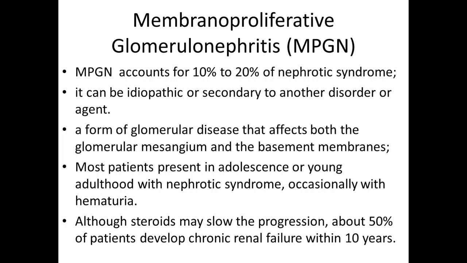And of course, most of these patients present in adolescence or young adulthood with nephrotic syndrome, with hematuria in future. Steroids here may slow the progression. About half of the patients develop chronic renal failure within 10 years, guys.